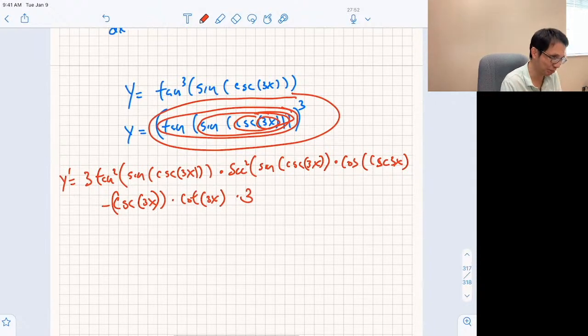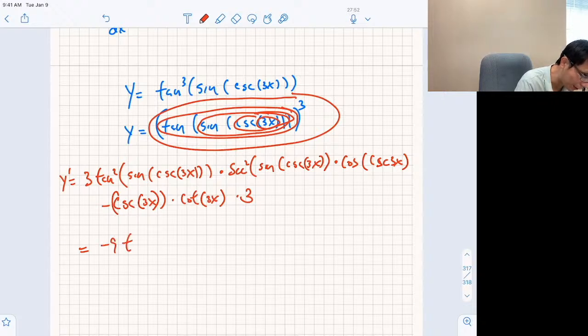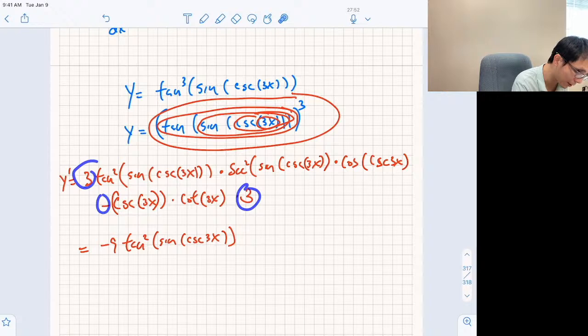Oh yeah, that's it. And then I will simplify this to negative 9 tangent squared of sine of CSC of 3x, because this is 3, this is negative sine, this is 3, this is negative 9.